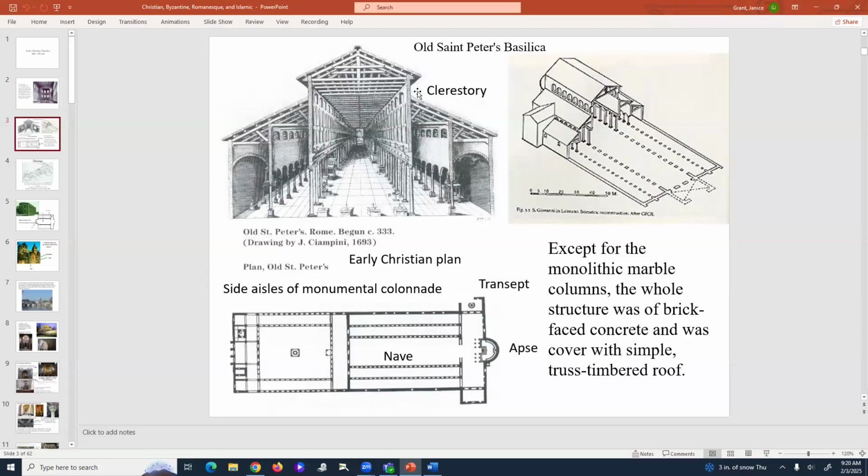This is a design we use a lot anyway. Now the roof was timber, so none of that really survived, but we'll see that change over time as we develop and work with those arches a little bit more. We'll see that in stages.